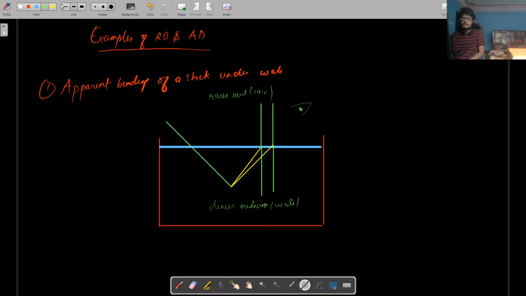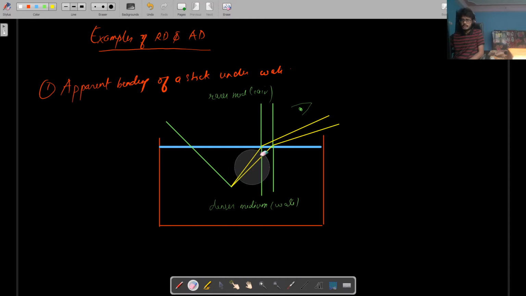Now we know that since the ray of light is coming from a denser medium to a rarer medium, it will bend away from the normal, and this will also bend away from the normal, right?